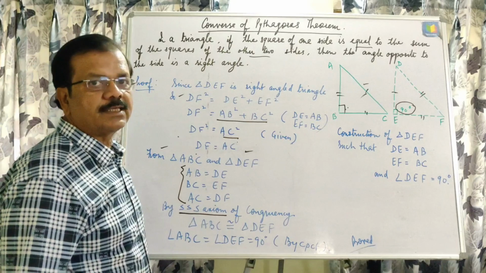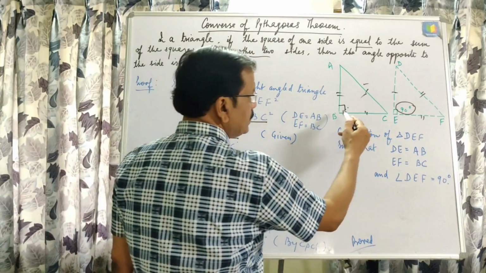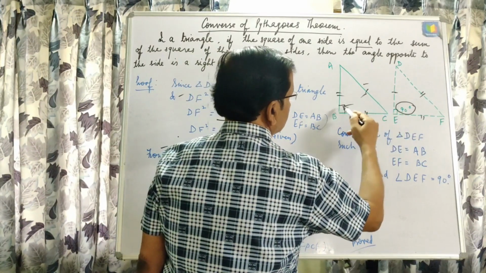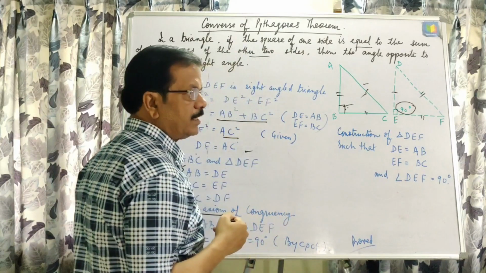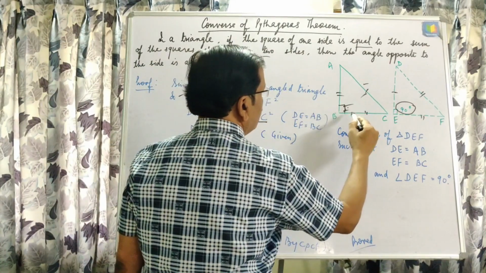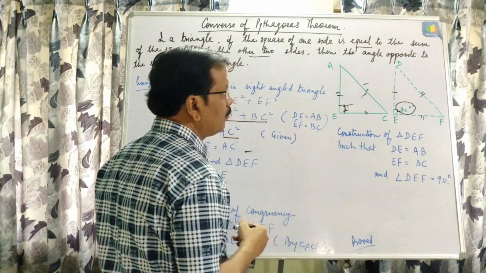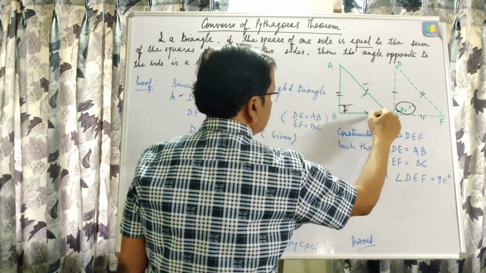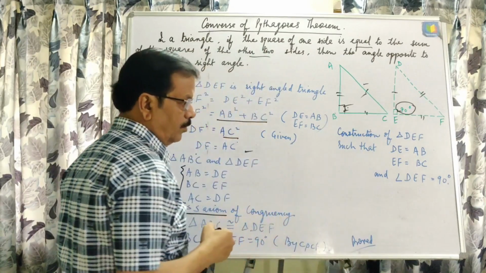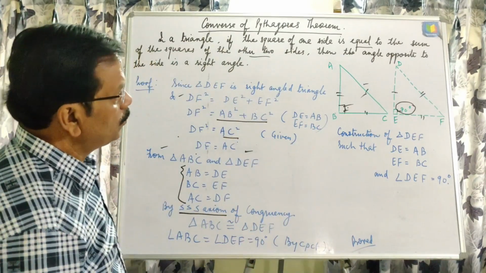By CPCT, their corresponding sides and angles are equal, so this angle corresponds to this angle and both will be equal, which means angle ABC is 90 degrees. This is what we had to prove.